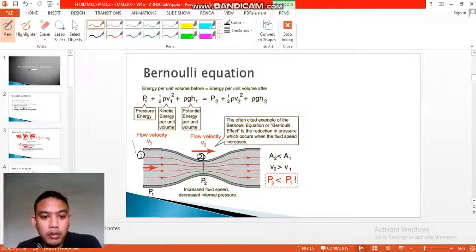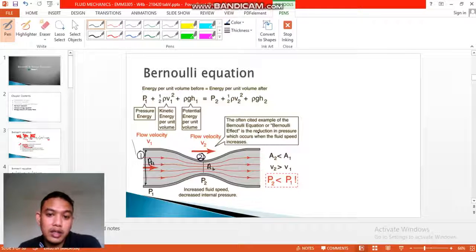Here V1 goes with A1, the area from here to here, then A2, and pressures P1 and P2.